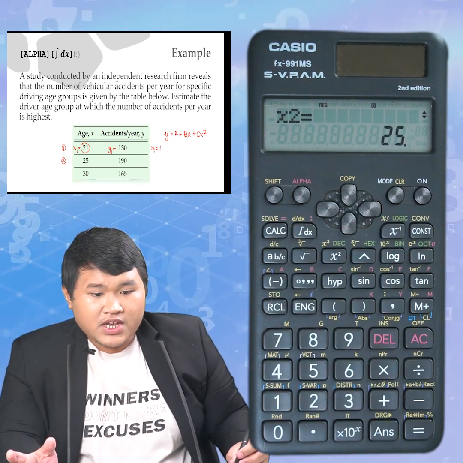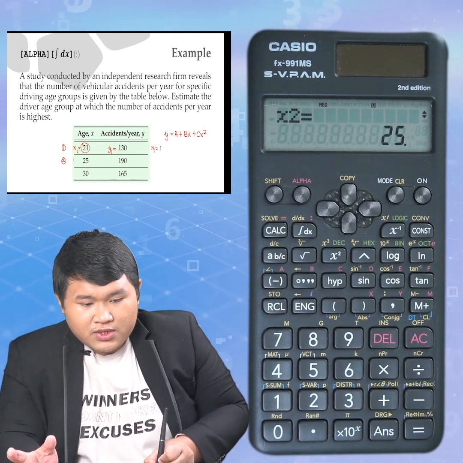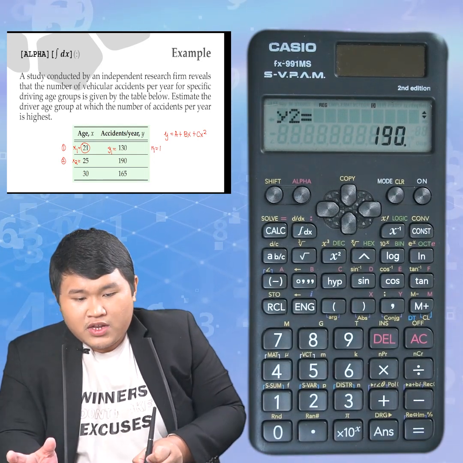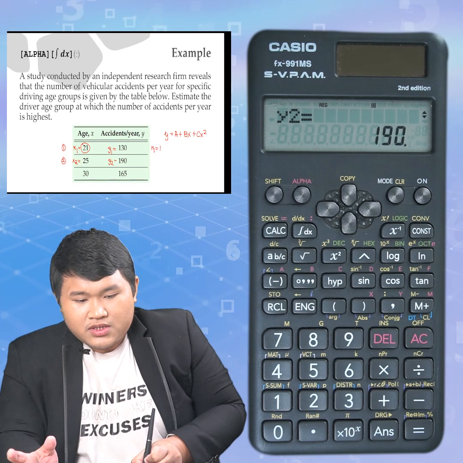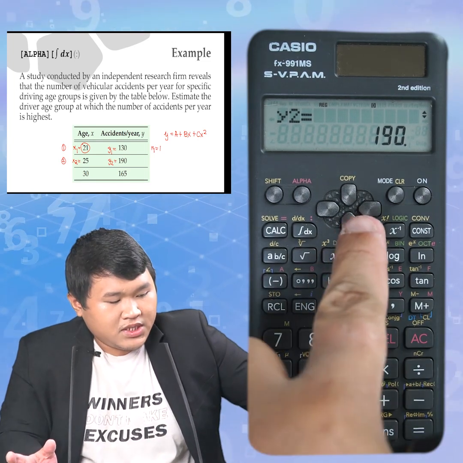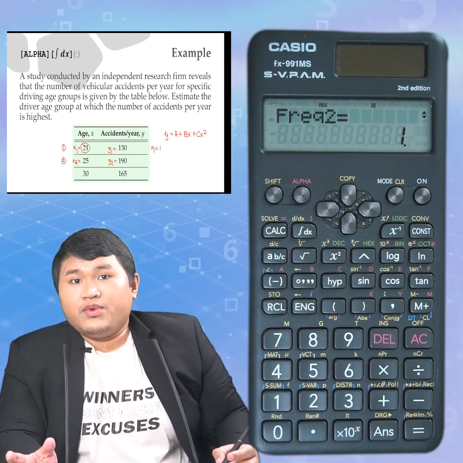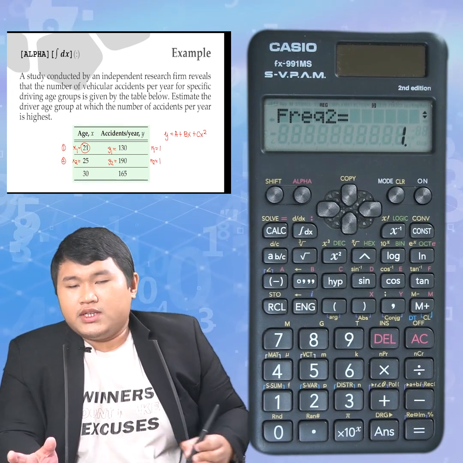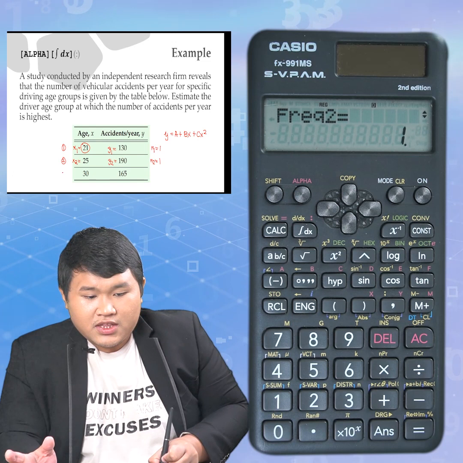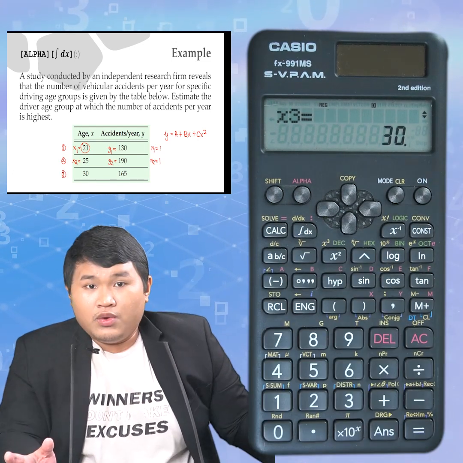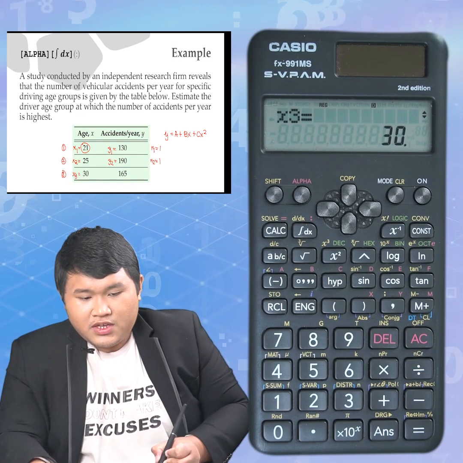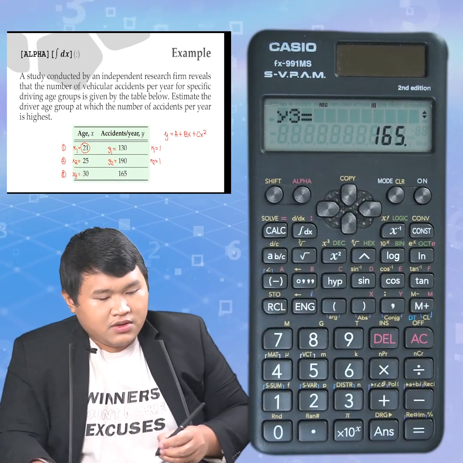Now for the second data value, let's continue pressing the down key. We have the second X value, so that's 25, and then pressing the down key again, we will be shown the Y value. Y2 is 190, and then pressing down again, we will be shown the frequency 2 value. N2 is equal to 1. And finally, for the third data set, let's go down again. We will be shown X3. X3 is 30, and then down again, Y3.